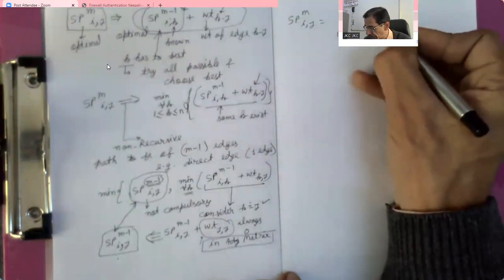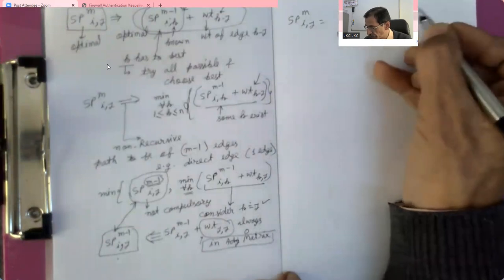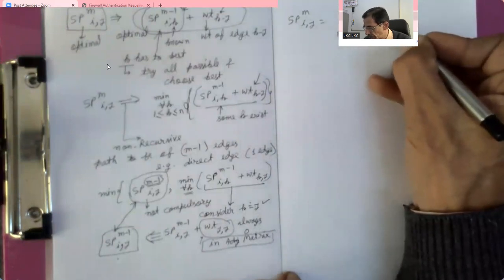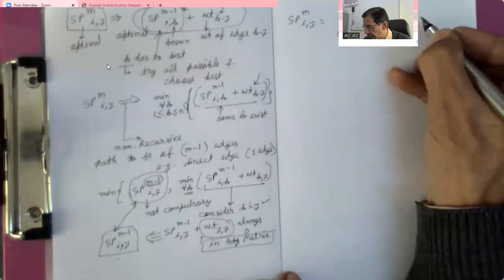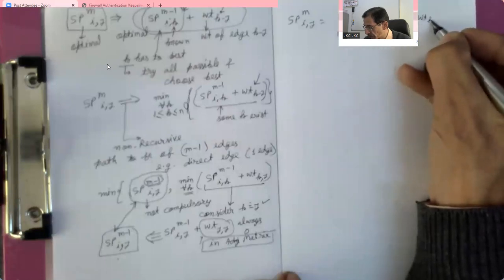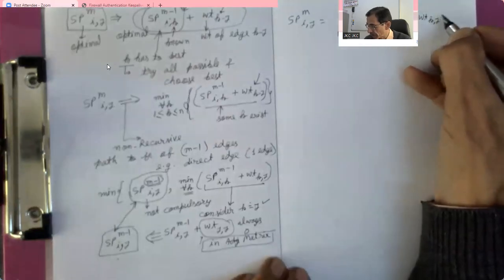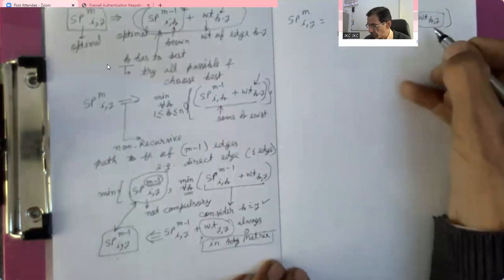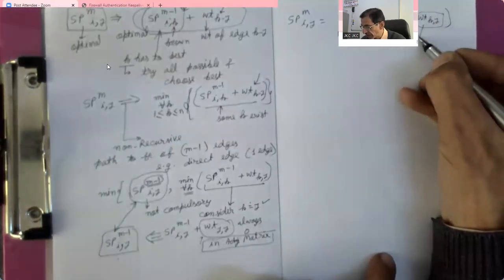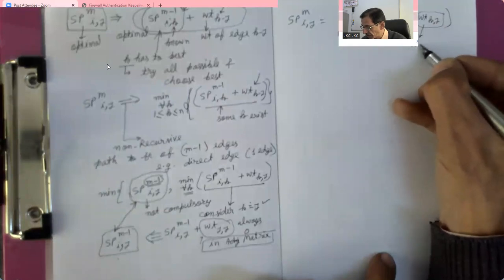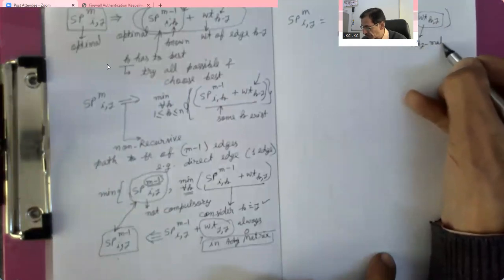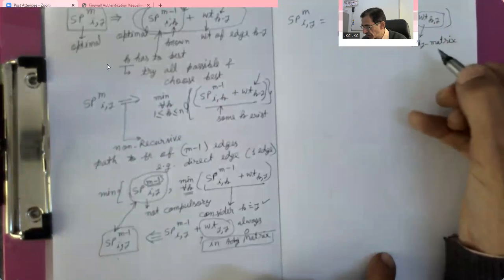This becomes nothing but recursively or mathematically solvable for ik plus weight of kj. This weight will be needed for every calculation. Hence, I can easily see the adjacency matrix representation will directly store these weights.